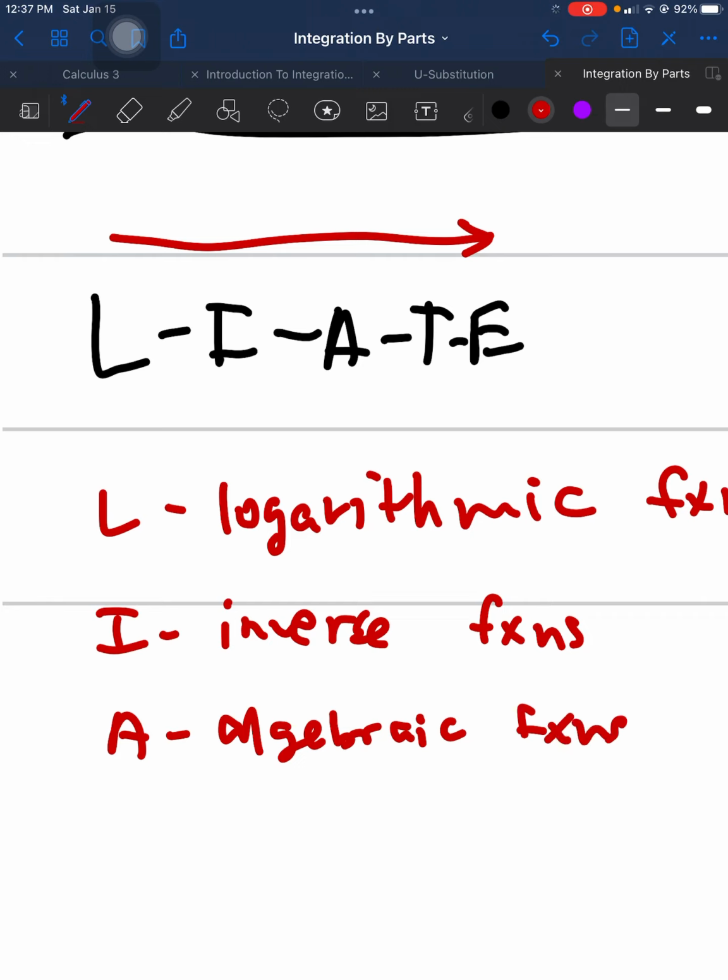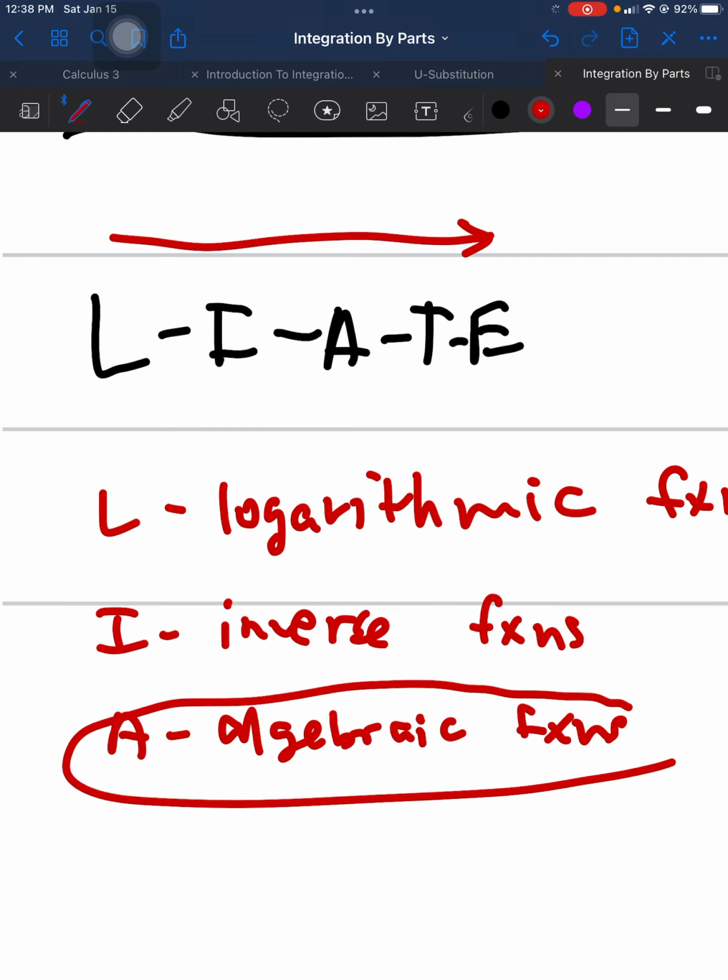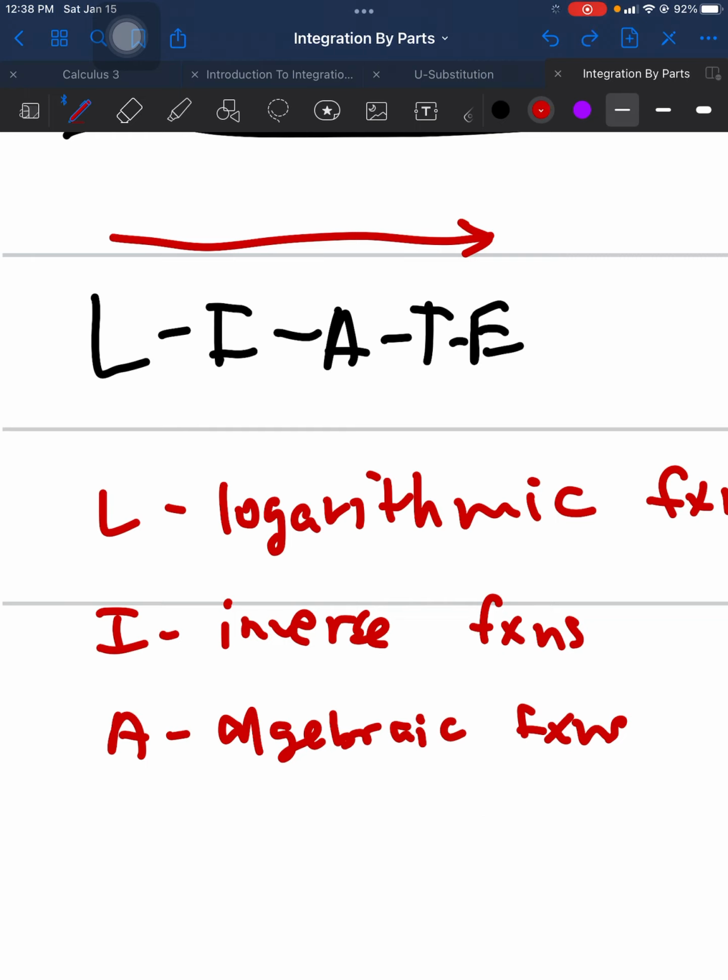Algebraic meaning like x plus 1, something like that. So basic algebraic functions like quadratics and all that kind of stuff. Then we can substitute u for any of those algebraic functions. But remember, the priority is given to logarithmic functions, then to inverse, then to algebraic.